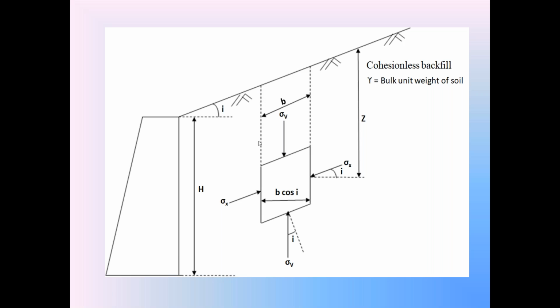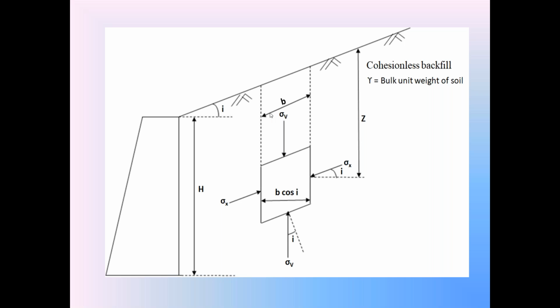This is the soil prism above the element. The height of this soil prism is z. The inclined width of the soil prism is b. We know that this inclined width with the horizontal is making the angle i.